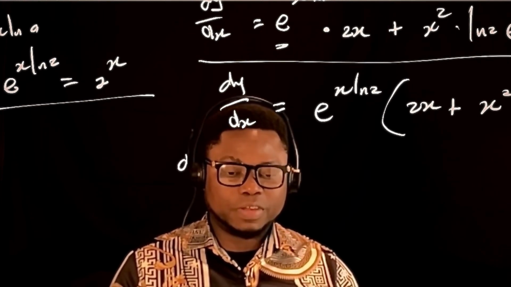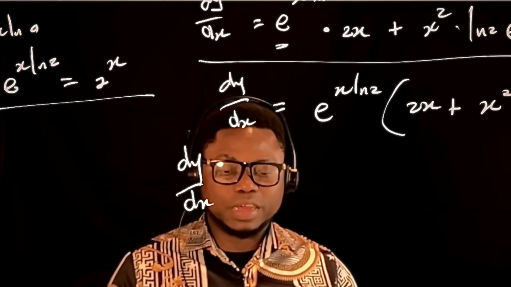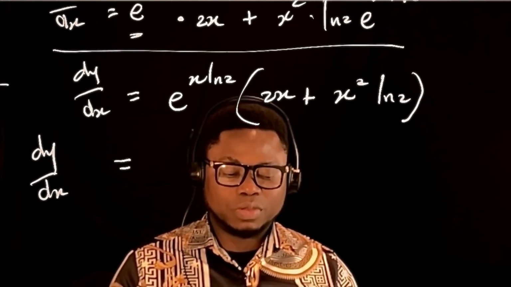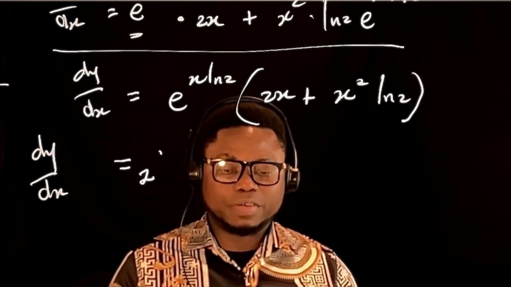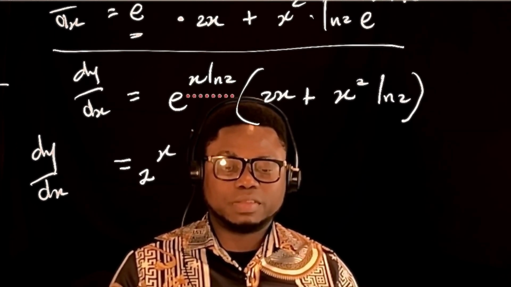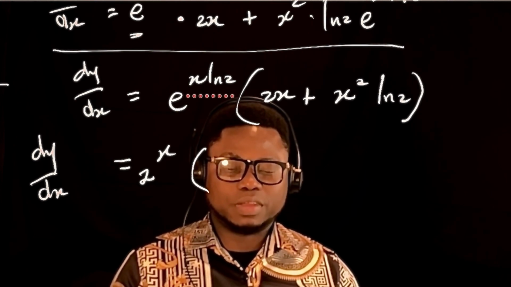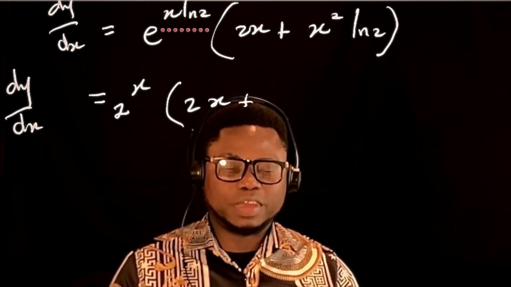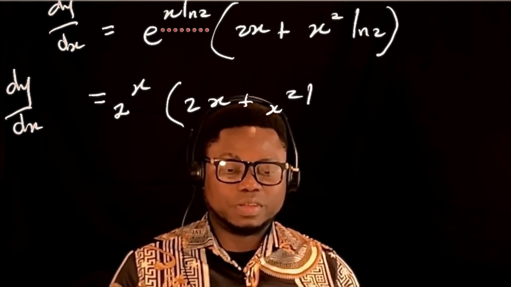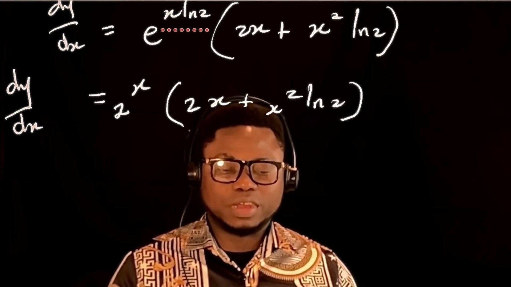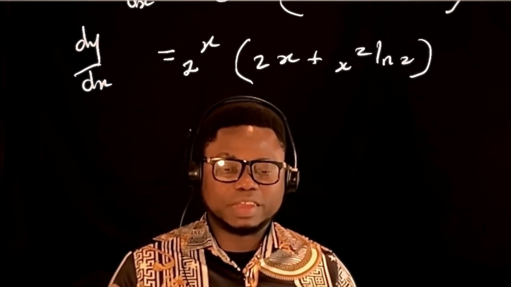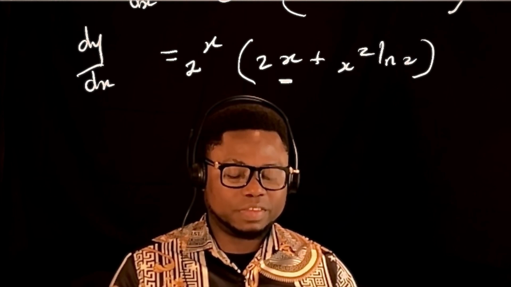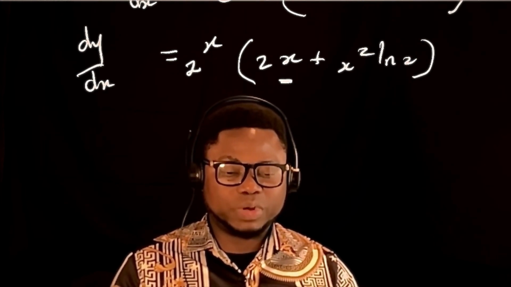So then I will have dy over dx equal to 2 raised to the power of x, bracket 2x plus x squared ln 2. I'll just do it like this. Looking at this, I can still factorize because x is here, this is 2x, and this is x squared ln 2. So I'm going to bring out one x again.